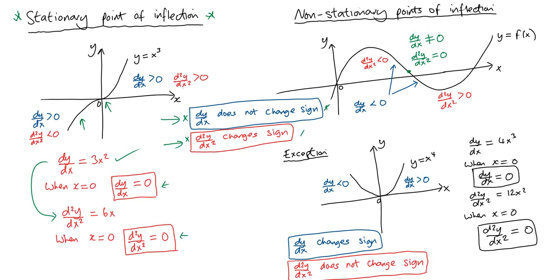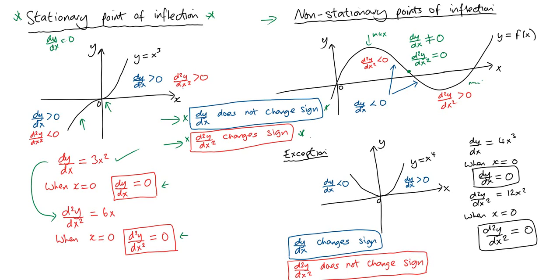A non-stationary point of inflection is when dy by dx is not equal to 0. That's why it's called non-stationary. Stationary means dy by dx equals 0. If you've got a maximum here and a minimum here, then directly in between the maximum and minimum you'll find that d2y by dx squared is equal to 0.